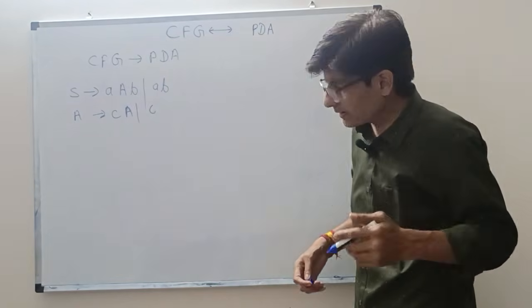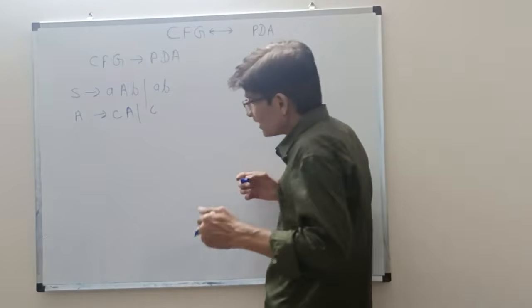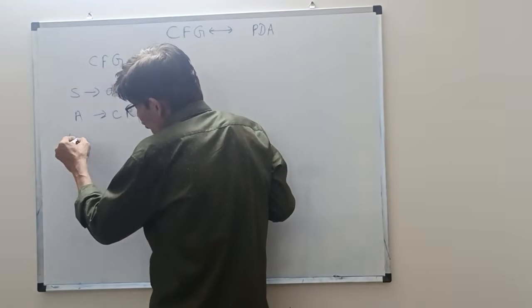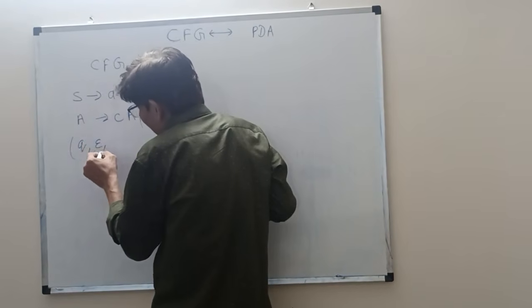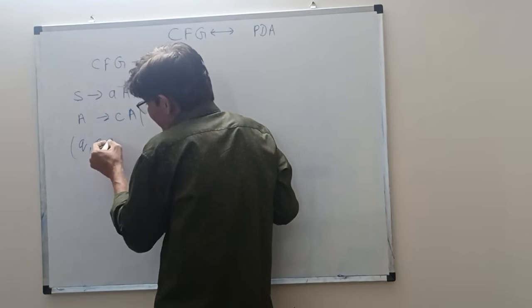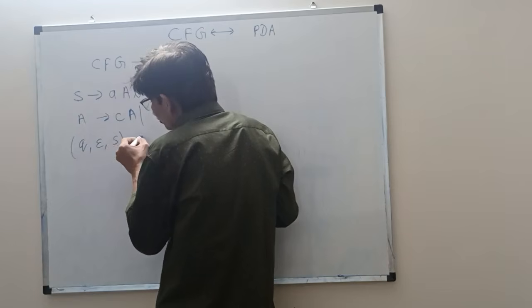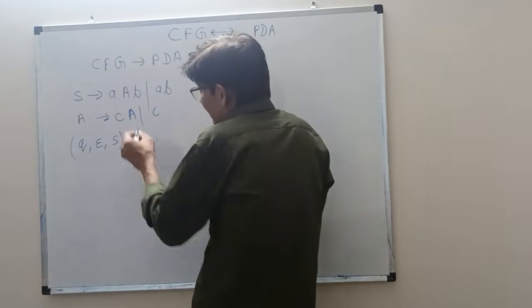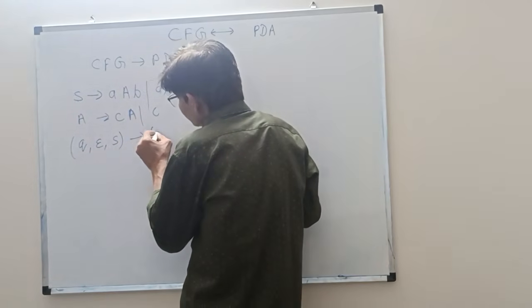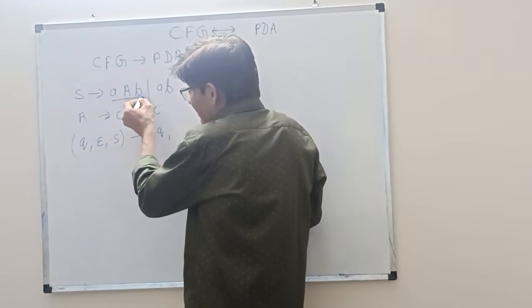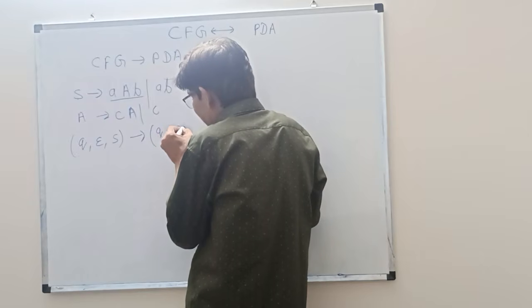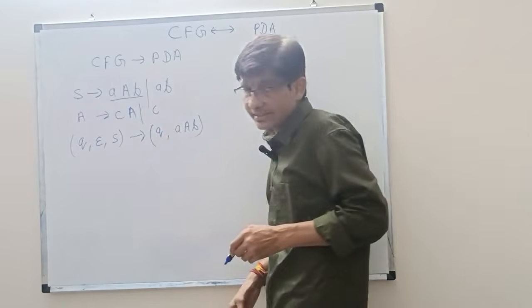As I told you, friend, we are using only one state here, which is Q. So I will be in Q. I will read epsilon and S is on the stack top. So I can stay in Q and push the right-hand side into the stack like this.